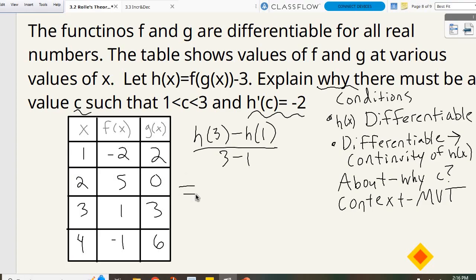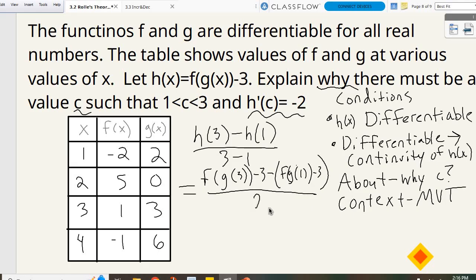So h of 3 is going to equal f of g of 3 minus 3. And then h of 1 is going to be f of g of 1 minus 3. Yes? All over 2. Yes? Okay.